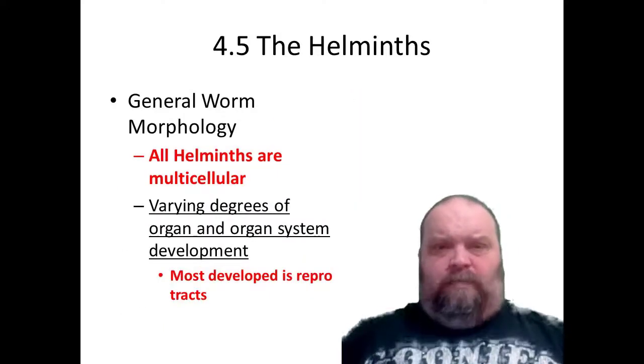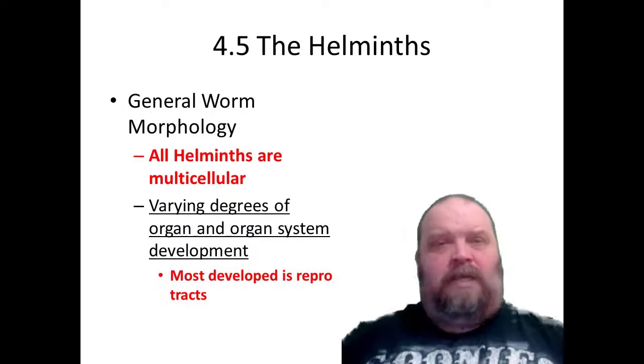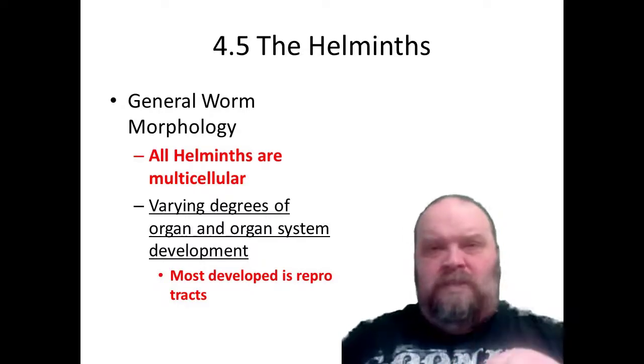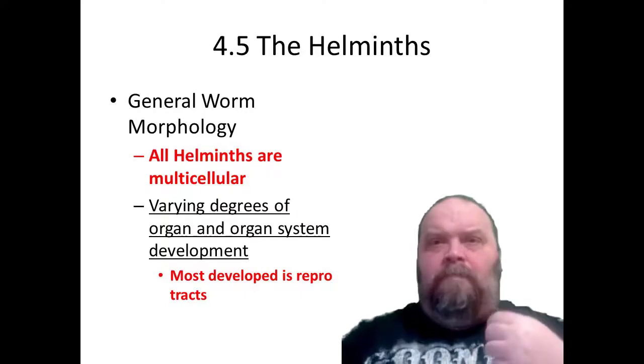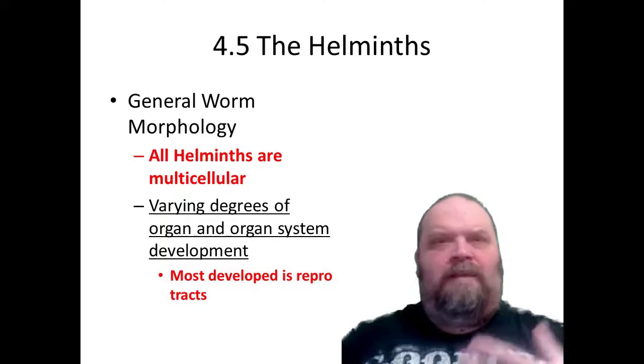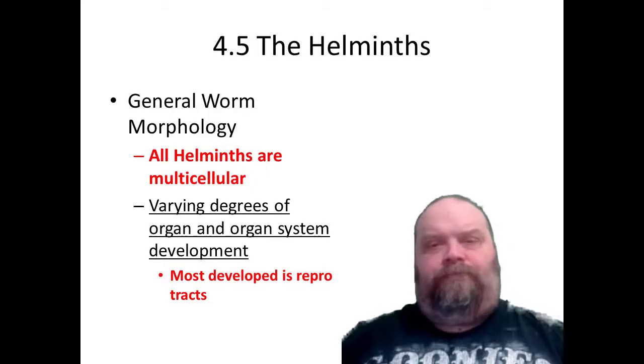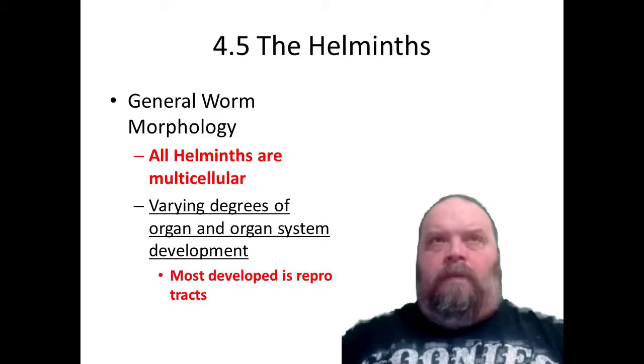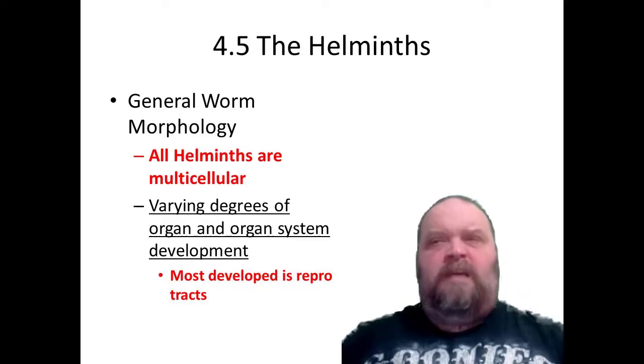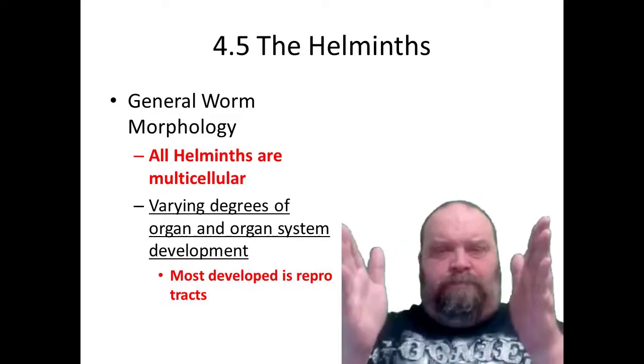Keep in mind, all the helminths are multicellular. They may have some point in their stage where they're a single cell egg, but they begin dividing by mitosis and become multicellular larvae. As you look through the helminths, if you were to take parasitology with me, you'll see that there's a spectrum.